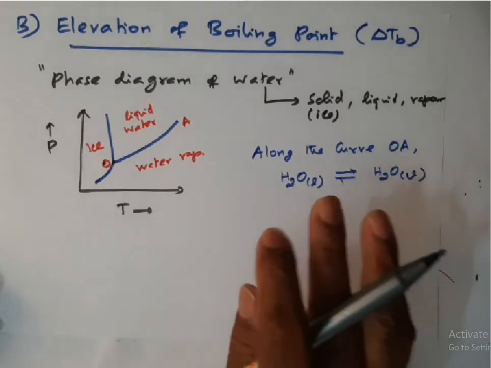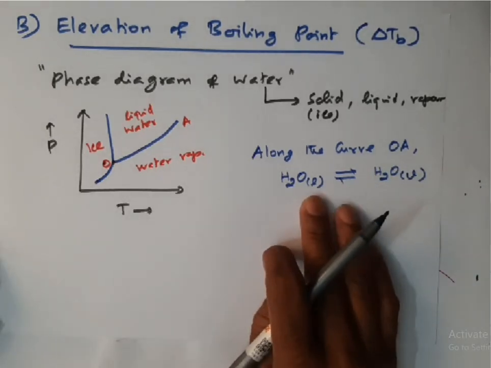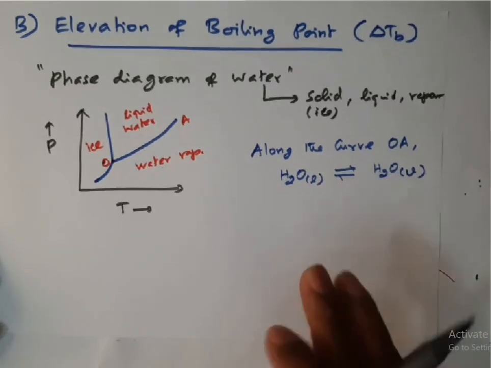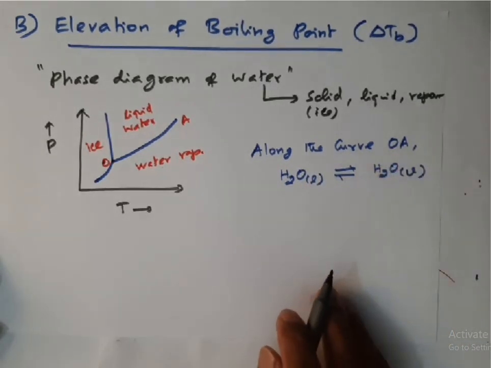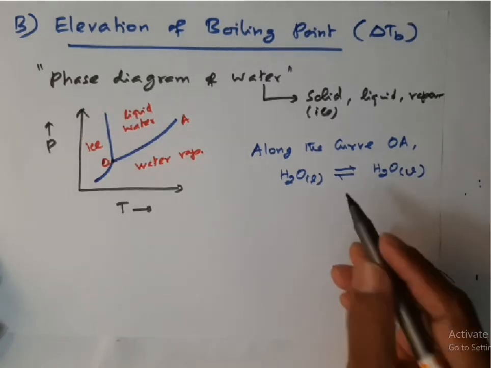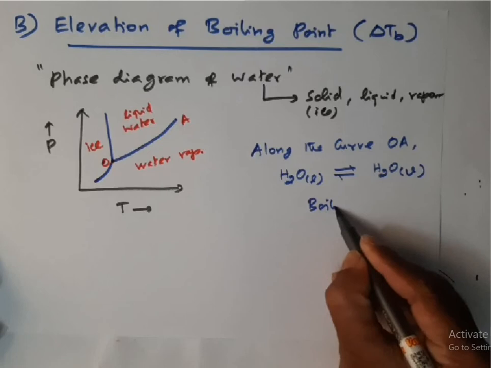Observe this carefully. Listen, the temperature at which these two are in equilibrium is called the boiling point. If H2O liquid and H2O vapor are in equilibrium, we call this the boiling point.